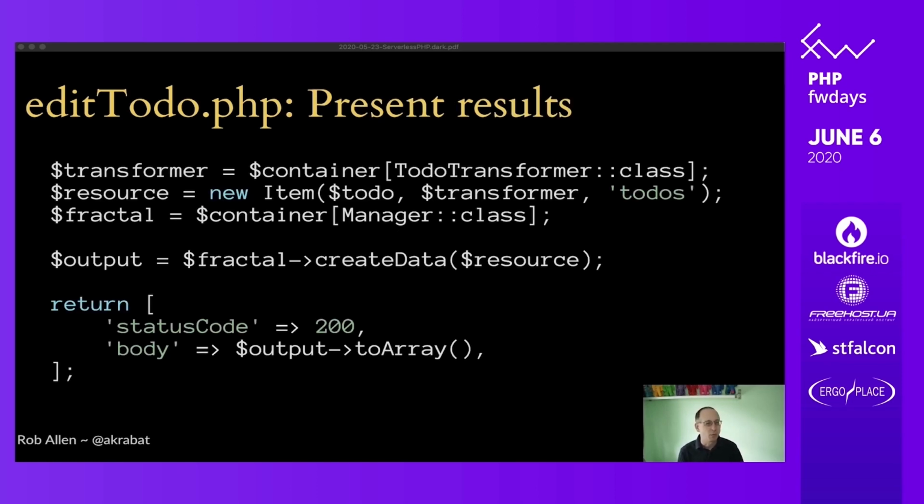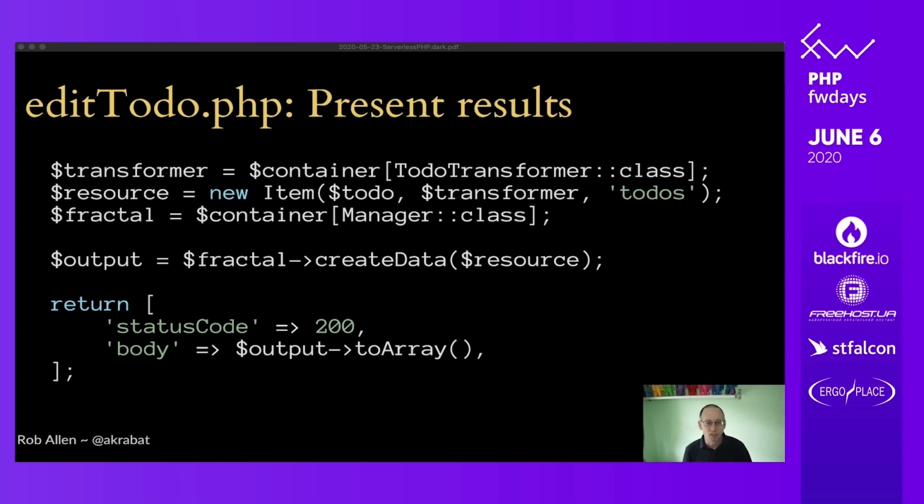And then finally, we need to output the data. Just because we're in an API situation doesn't mean that we can just throw out anything. We can't just grab whatever's in our database and throw it down the wire to our clients. That's just not the way to be doing this stuff. The way to do this stuff is to have a view layer, have a presentation layer, same as you would for an HTML website.